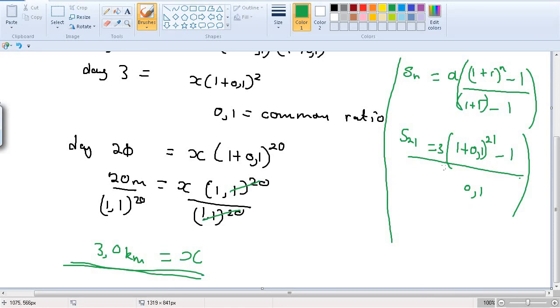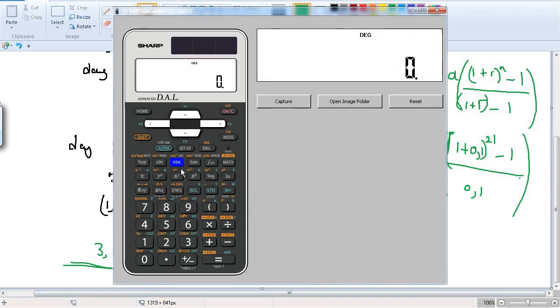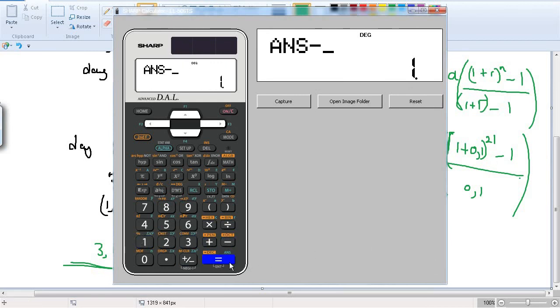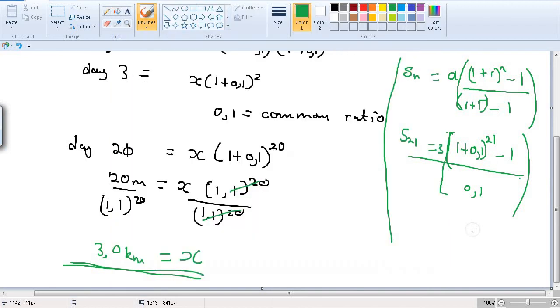If you were to work this in your calculator, let me just take the calculator out and see how this works. So 1.1 to the power 21, that's 7.4, minus 1, that's 6.4.